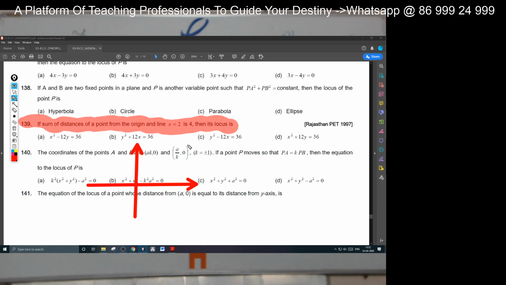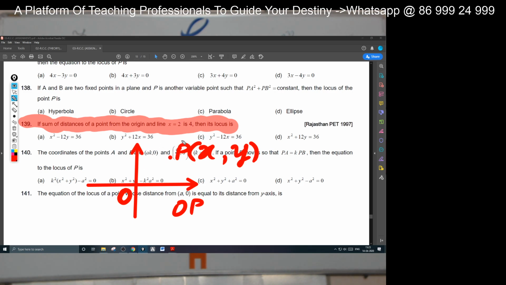Sum of the distance of a point from the origin, of any point on the locus, P (x, y), OP, and the line x equal to 2. Its distance from the line x is equal to 2.